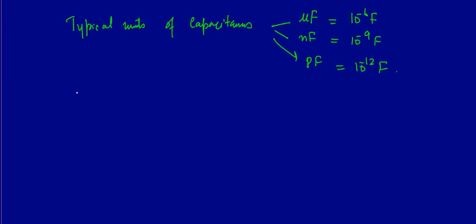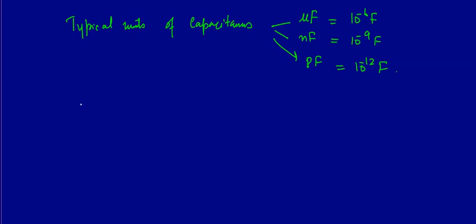Ideally, we want the capacitance to have a very large value. But to get a large capacitance, you need a very large conductor, which is not practically possible. So engineers and scientists have found a solution for that. What's the solution?